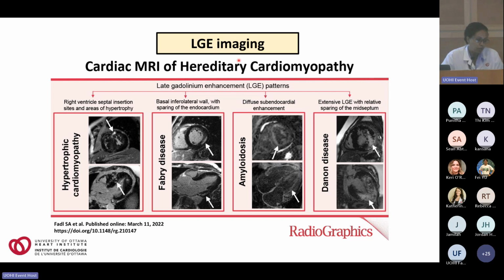So LGE imaging pattern of enhancement does help us differentiate, but not always.